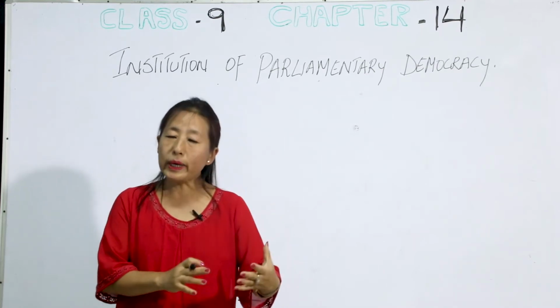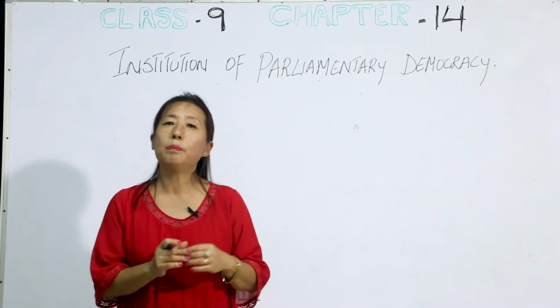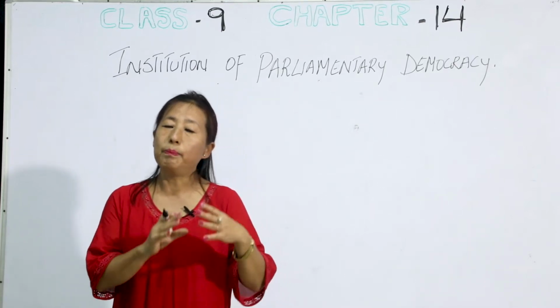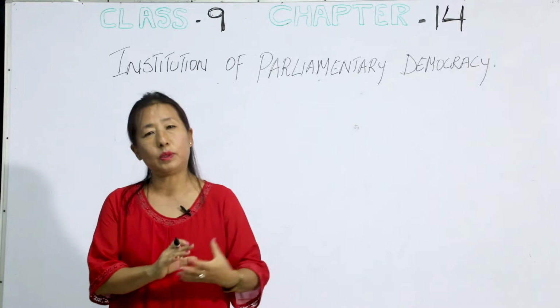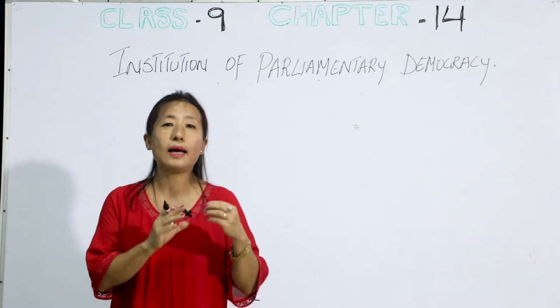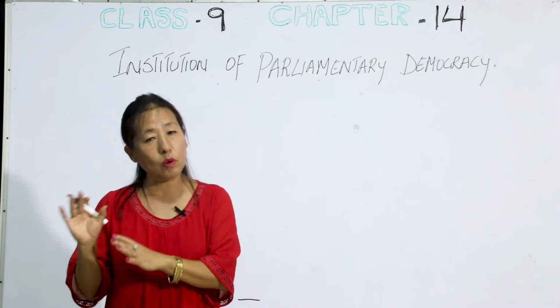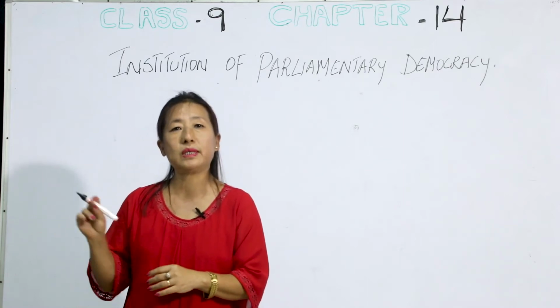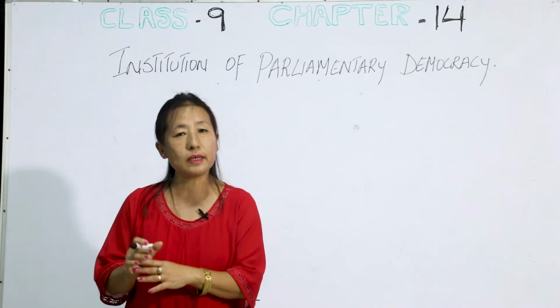Before going into it, when we talk about political institution, it starts with the state. And the state has 4 elements. It is already there in your chapter, written in the first topic, political institution.